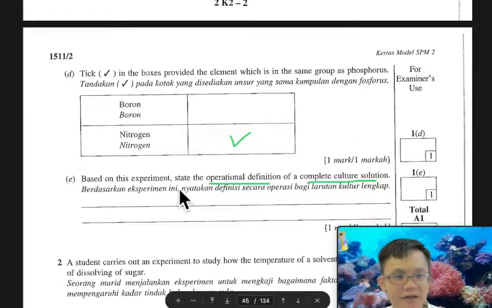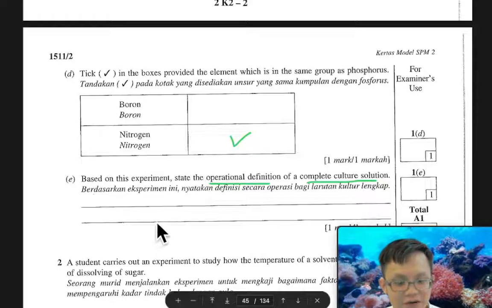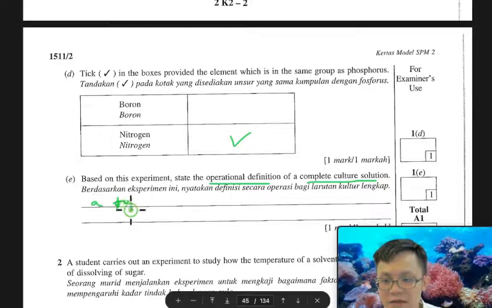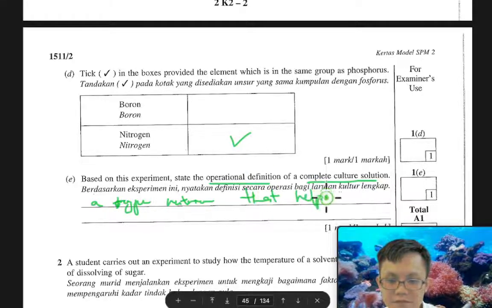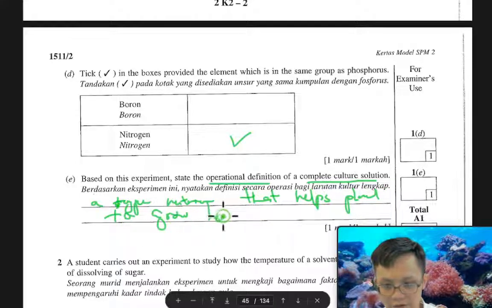Okay, very good. Your answer again? Complete culture solution is a type of nutrient that helps plants to grow healthily.